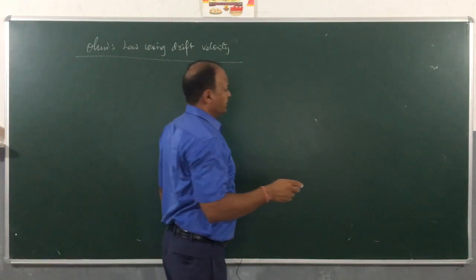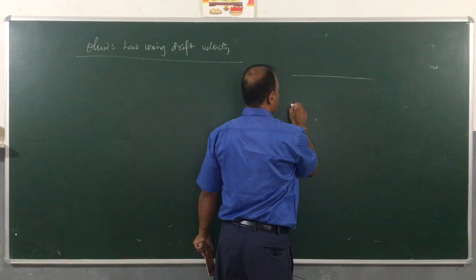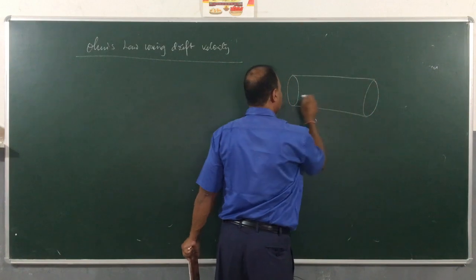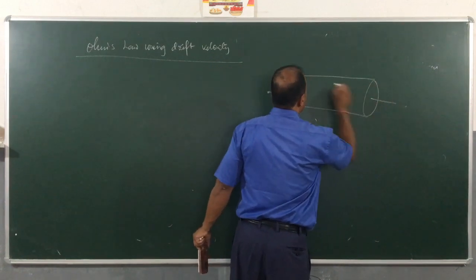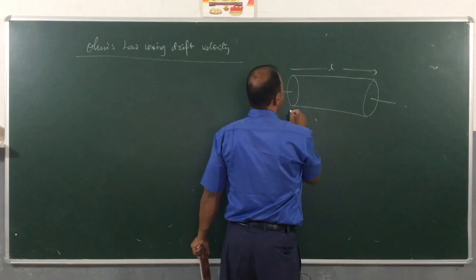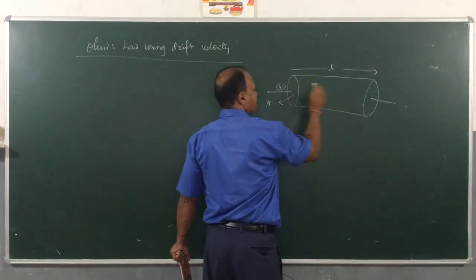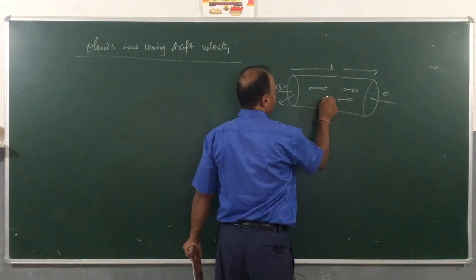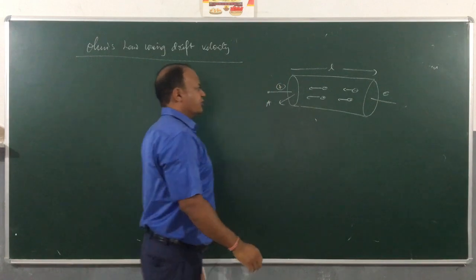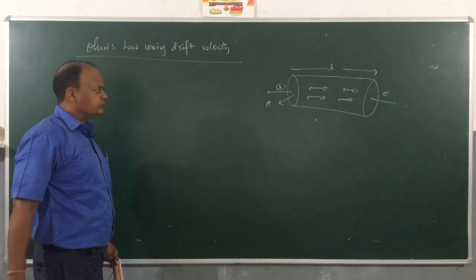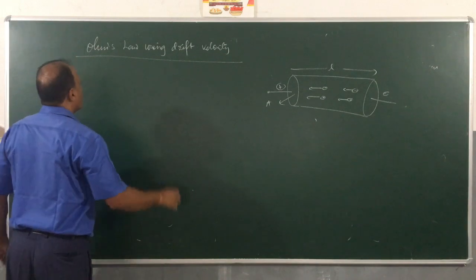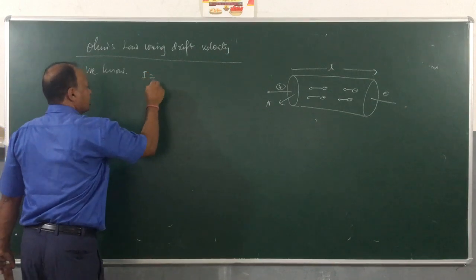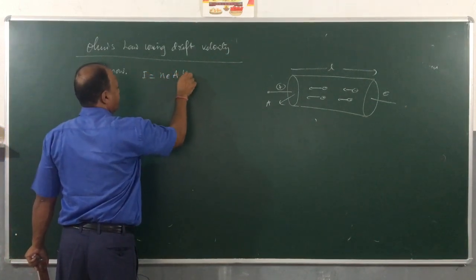We will go back to a similar discussion, not the same but similar. Here you have a conductor, the length of the conductor is L, cross section area is A, this is positive and this is negative, and this is how the electrons are drifting across the conductor. Now we actually calculated just now I is equal to n e A v_d.